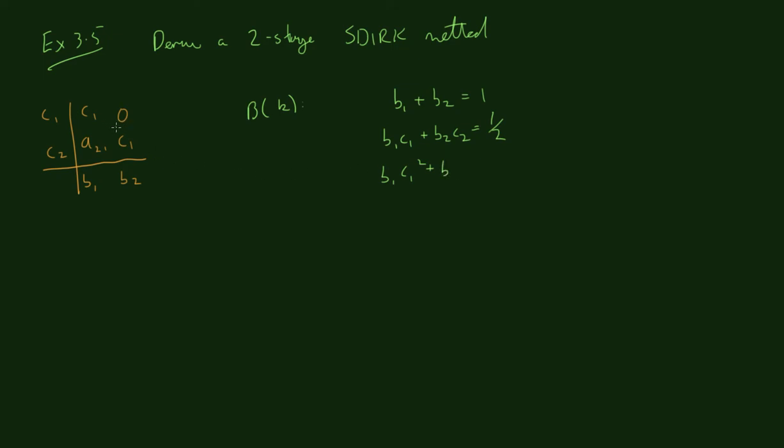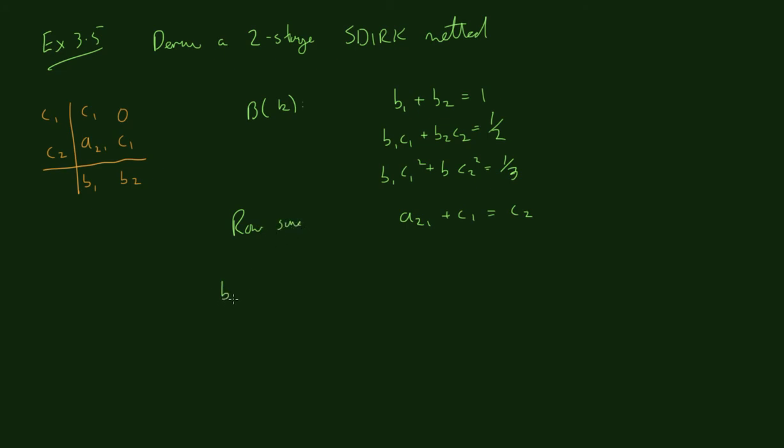When we looked at the Radau and the Gauss-Legendre methods, we had a way of determining what C1 and C2 are, but we don't in this case, so we have to go a bit further in our order conditions. We also need the row sum condition. Well, the first one's fairly trivial. The other row sum condition is A21 plus C1 equals C2.